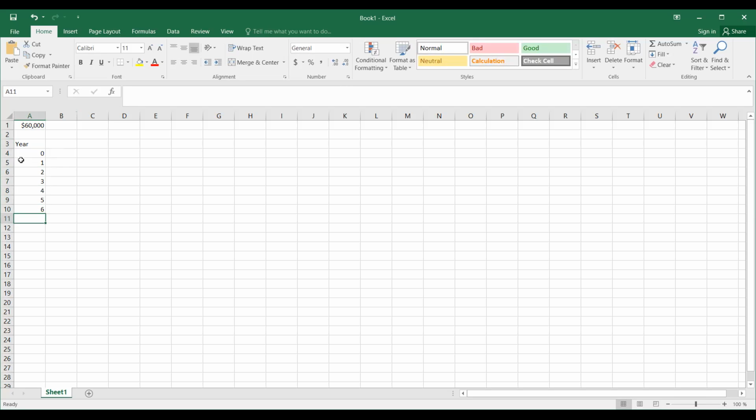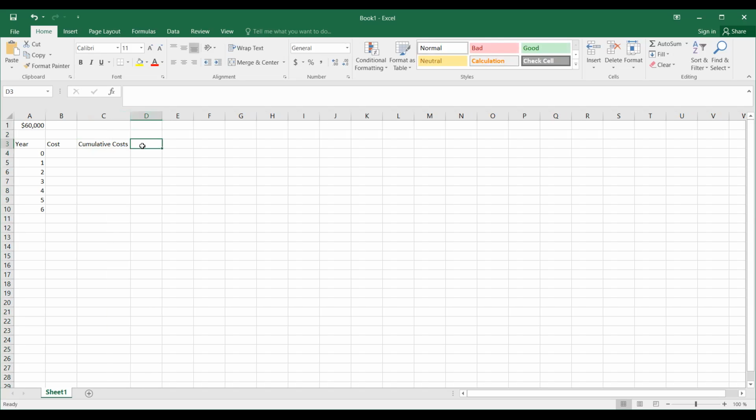All right, so this is what you have, and then you'll have the costs, and then you have cumulative costs, followed by benefits and cumulative benefits. By the way, cumulative means combined.